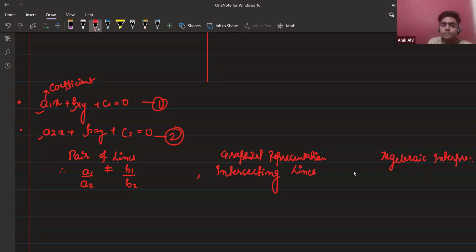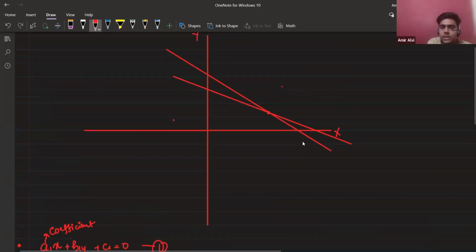Okay, is that clear? Unique solution, which means that only one solution will be there. Unique means there won't be any other solution. So which kind of line is this, and which kind of solution is this? Intersecting, unique. Very good. So there will be only one point. Is that clear?